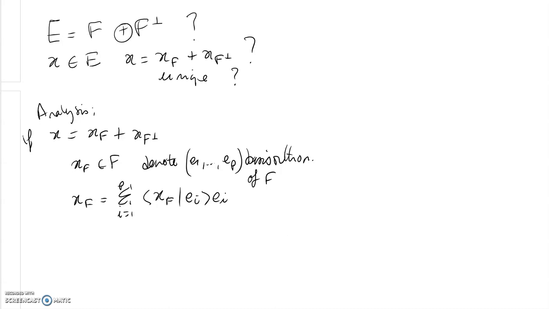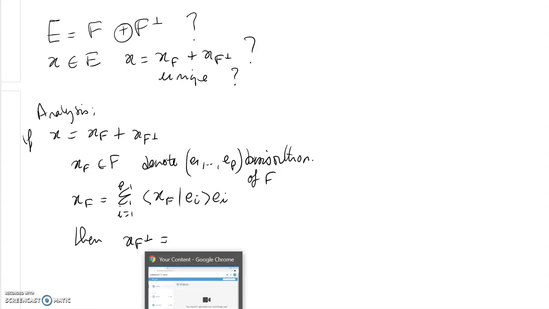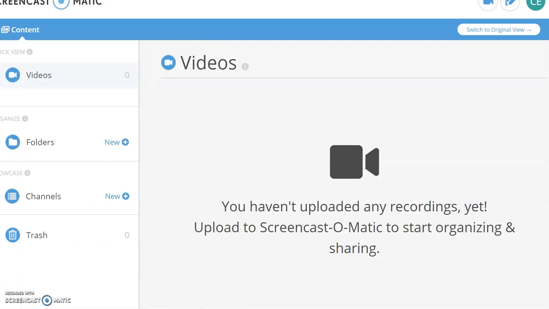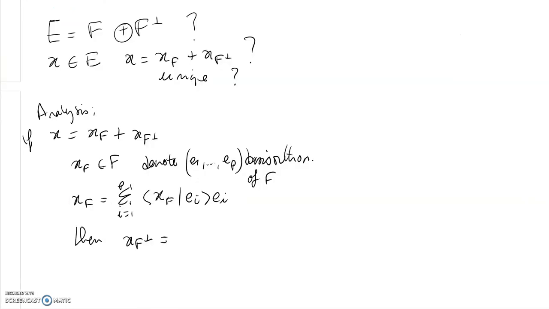That's very important to know how to use. Then, if x is equal to x_F plus x_F orthogonal, we can say that x_F orthogonal is just going to be given as x minus x_F.